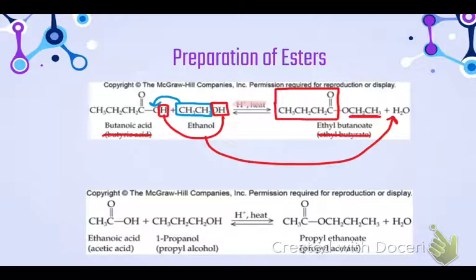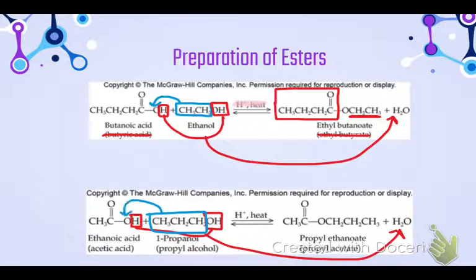Again, what we have going on here is we have this H, let me switch back to my red here. We have H and OH coming off, forming our water. And then we have the propyl group bonding onto that oxygen, and you can see our product over here, propyl ethanoate.